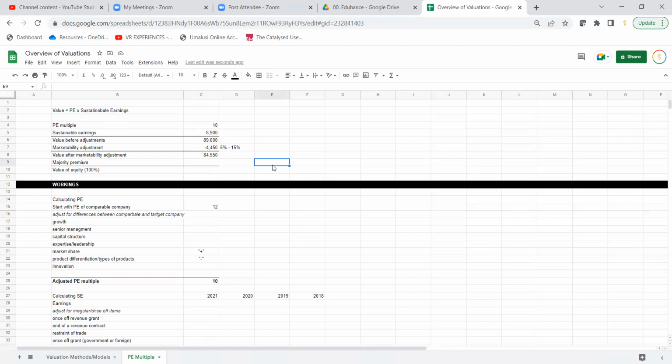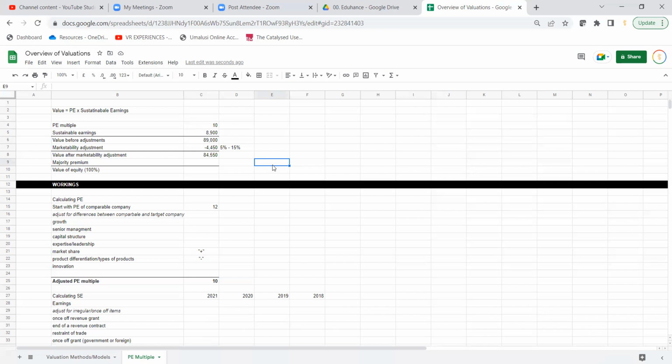So generally, I would just add a majority premium, even though the question doesn't say. If the question does tell you, you must add. If the question doesn't tell you, it's either you do or you don't, because they haven't been consistent over the years.